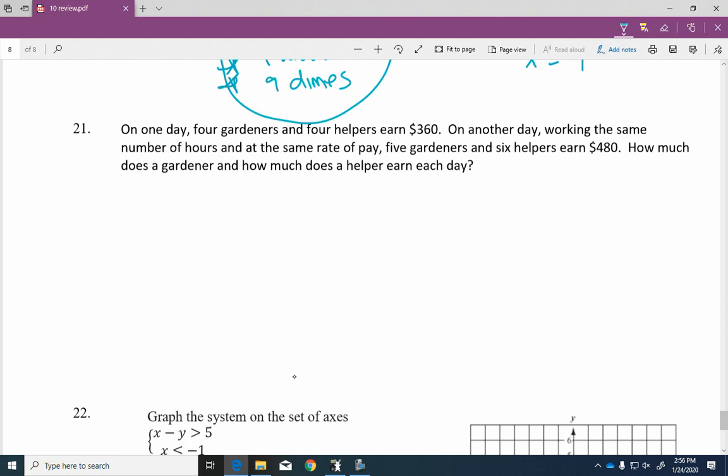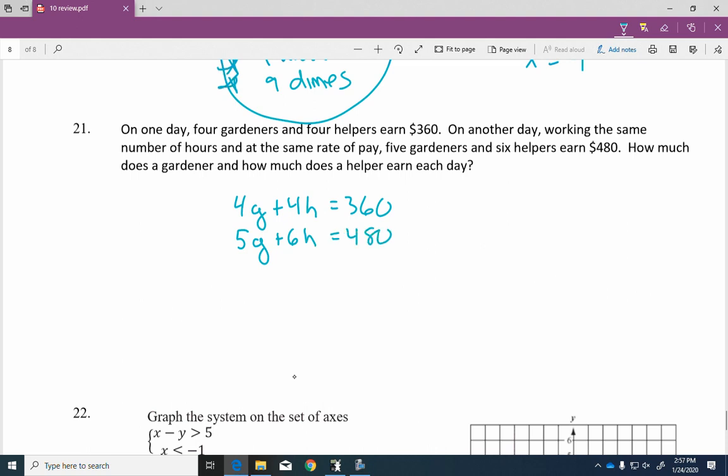This is a system. On one day, four gardeners and four helpers earn $360. On another day, working the same number of hours at the same rate of pay, 5 gardeners and 6 helpers earn $480.